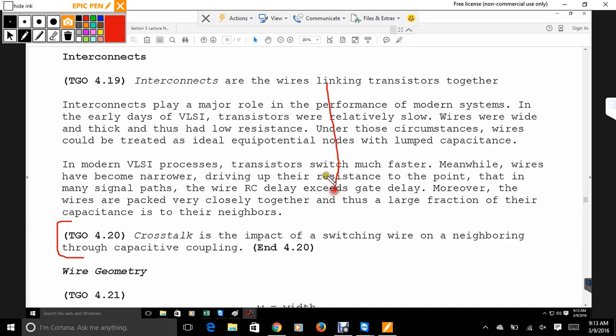So what happens is, let's say my wires are like this. So I have a 1 here and I have a 1 there. So what happens when I change the voltage? What's created here? Well, that's the distance.